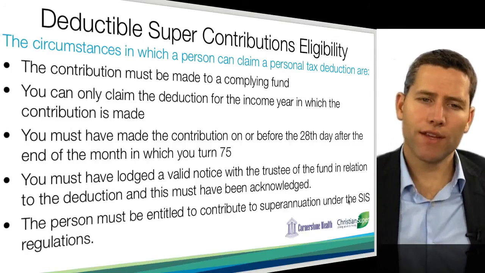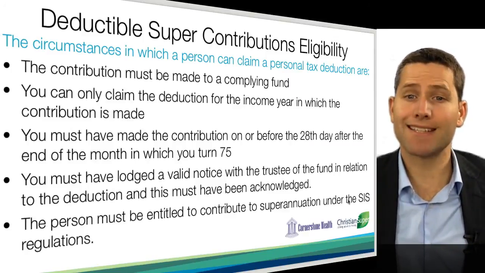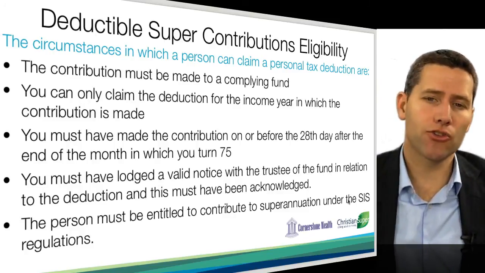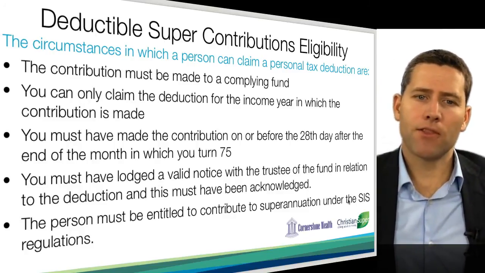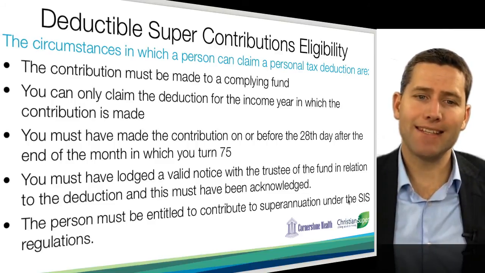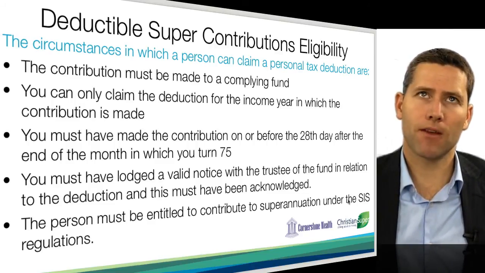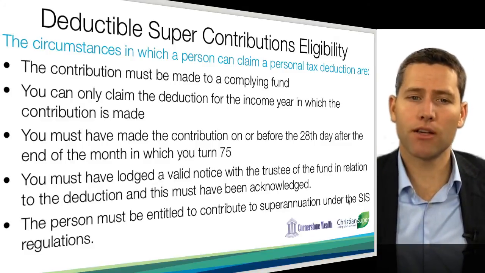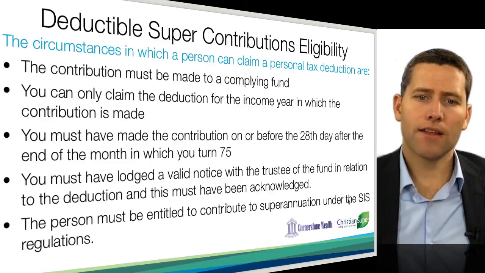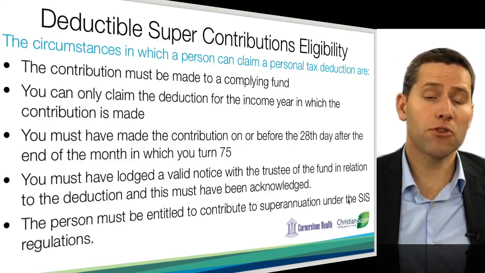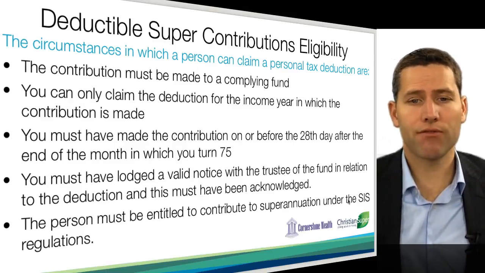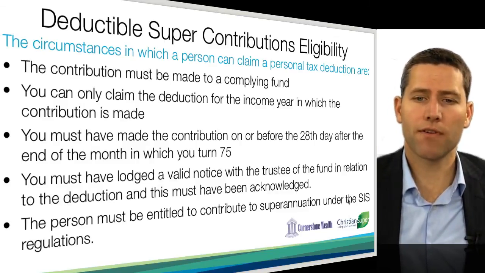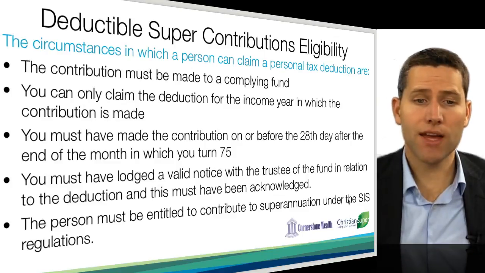There are a few things to consider when making deductible contributions to superannuation. This is talking about Mary's scenario, not Joe's scenario. The contributions must be made in the year in which the capital gain is incurred. The contributions must be made to a complying superannuation fund, and if you are approaching 75 years of age, over 75 years of age, you're not able to make contributions to your super fund, so you just need to manage that.